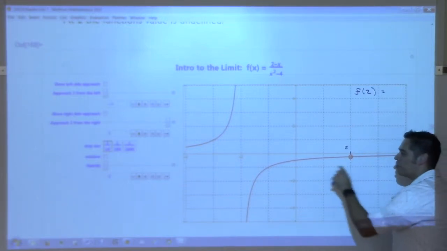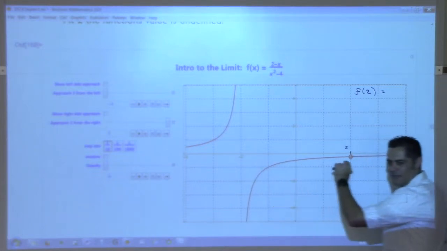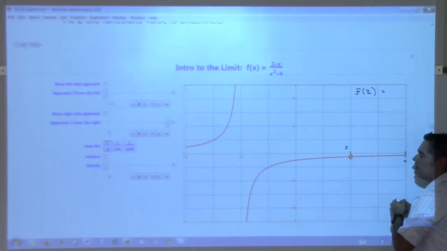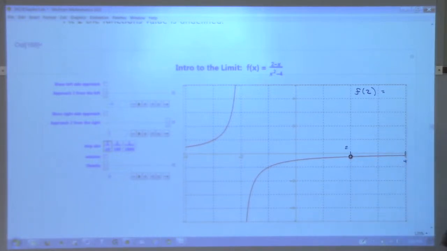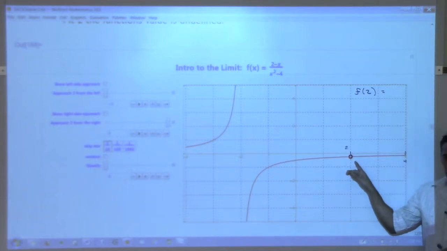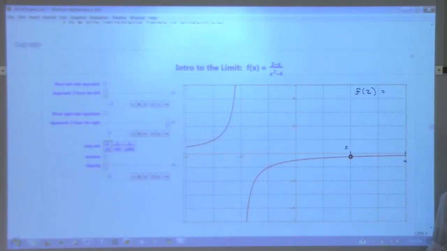Okay, so you're trying to estimate that this is about negative 0.3. Does it matter to you that that's an open circle? If I tell you that's an open circle there, does that change your answer? What would you then say it is? I gave you kind of a trick question.